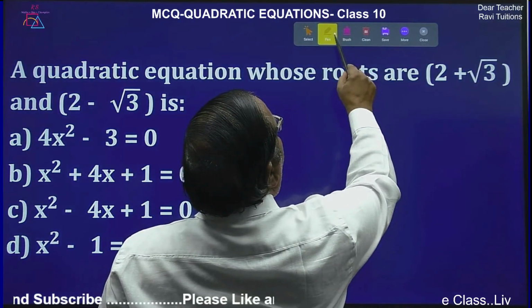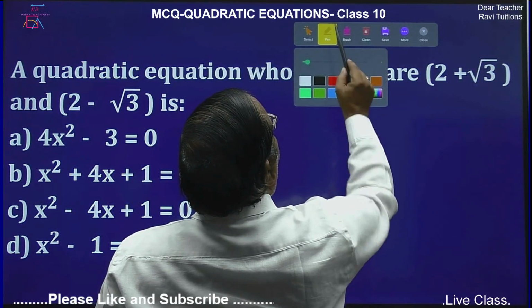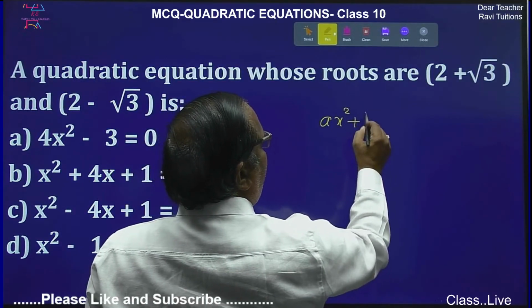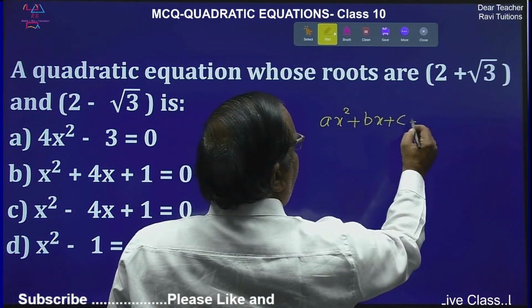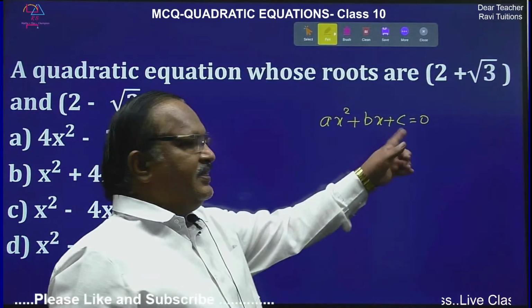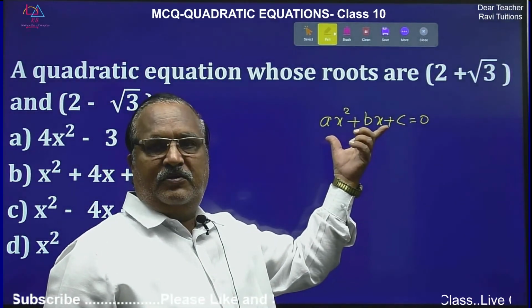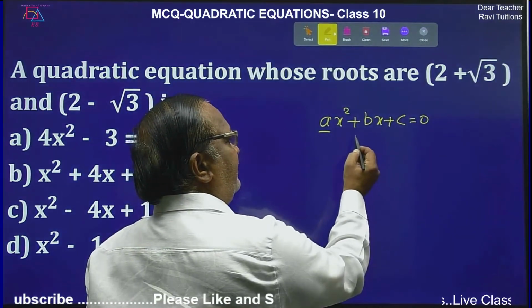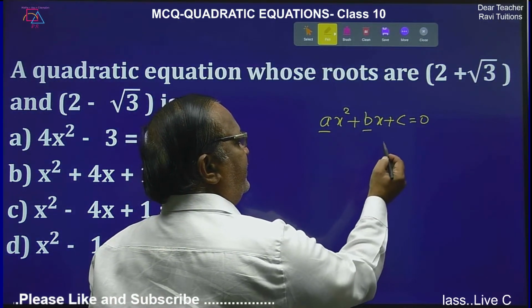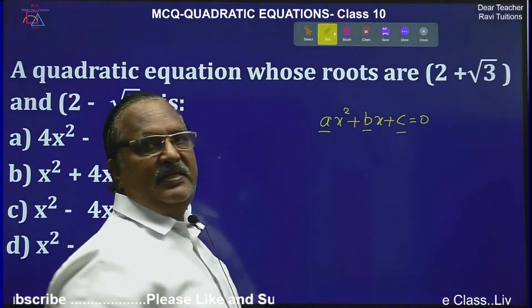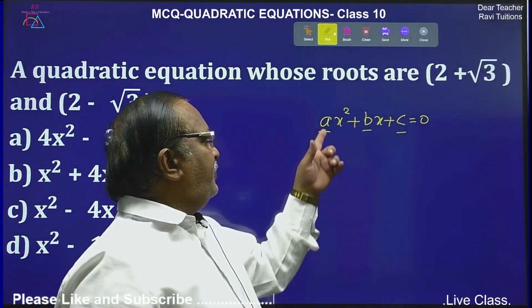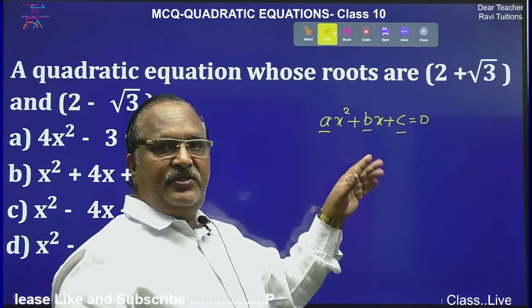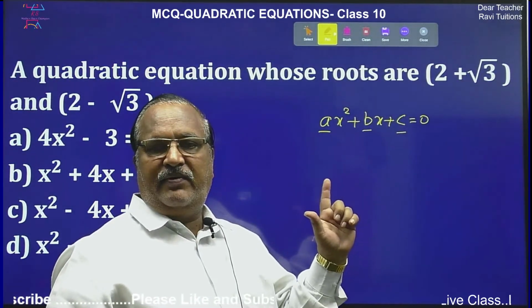The general form of a quadratic equation is ax square plus bx plus c is equal to 0. If you put it equal to 0, then it becomes a quadratic equation. Here a is the coefficient of x square, b is the coefficient of x, and c is a constant. a should not be equal to 0, because if a is equal to 0, then it will not be a quadratic equation.